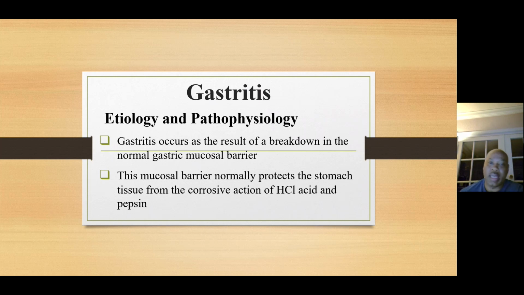And of course, when that barrier is compromised, then those acids will get to those structures below. So when the barrier is broken, the hydrochloric acid and the pepsin can diffuse back deeply into the mucosa. Now, this back diffusion results in tissue edema and inflammation from these enzymes and the acid.